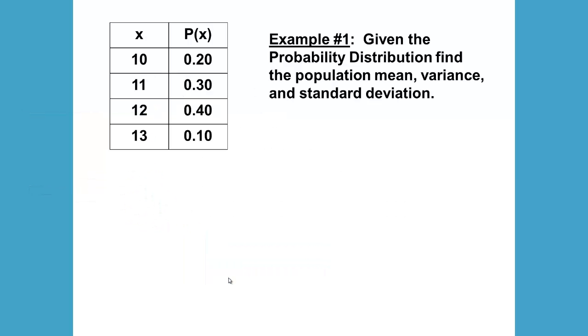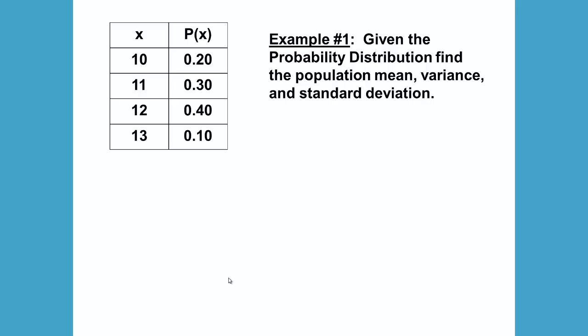It is time for an example to put things into practice. Example 1. Given the probability distribution, find the population mean, variance, and standard deviation based on the table here to my left. Think about a way that this could be a real-life problem.